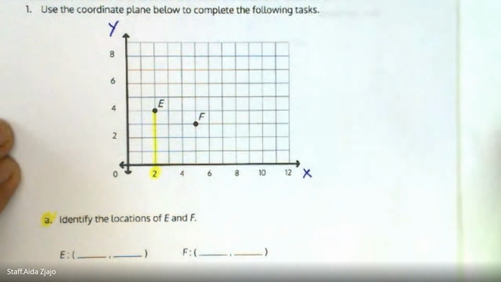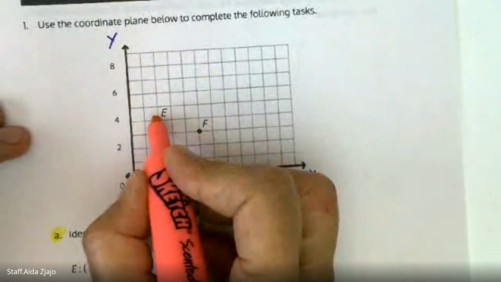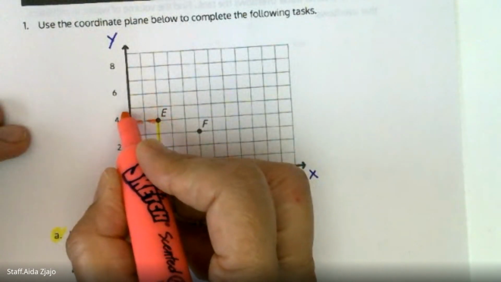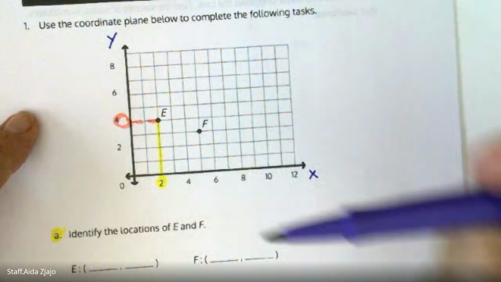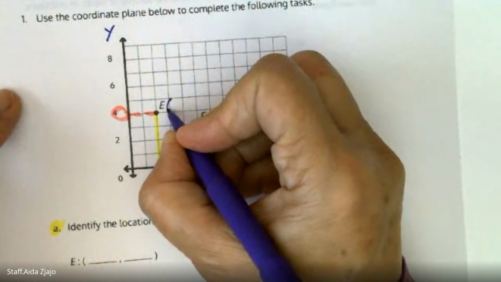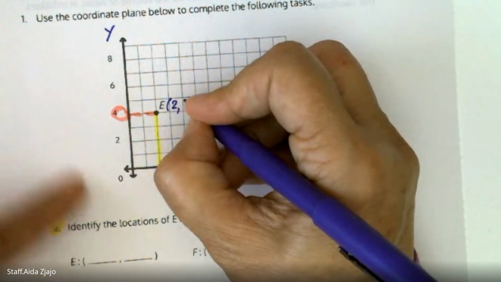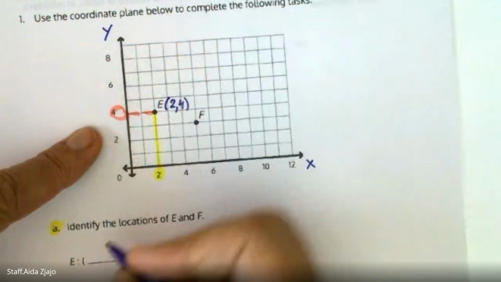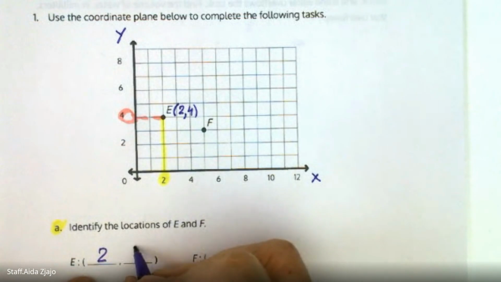And then I'm going to go to y. And y is 4. So now I know that this point here is (2, 4). Okay, and I can write down (2, 4).